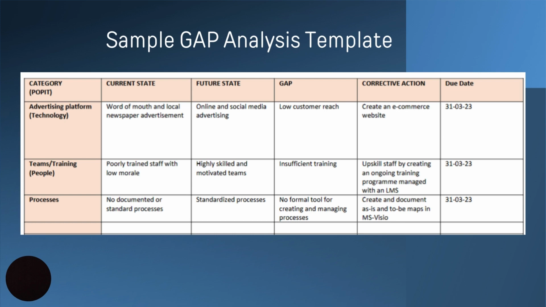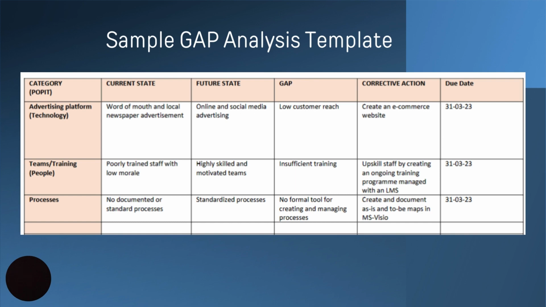The future desired state is a highly skilled and motivated team. So what is the gap? What is the difference between where they are now and where they want to be? It is insufficient training. And what is the corrective action that can be taken? You upskill the staff by creating an ongoing training program, maybe managed with a learning management system. And you have a due date for that.